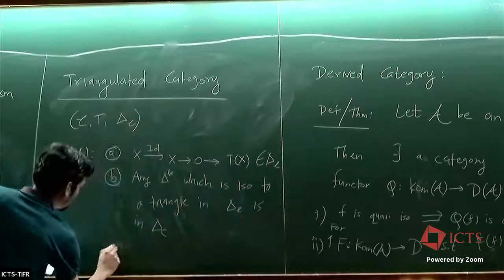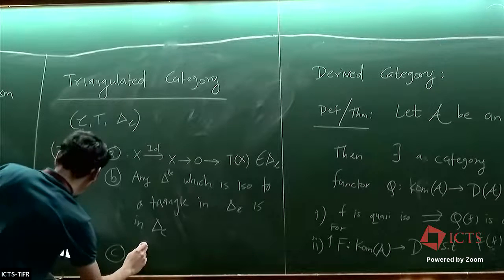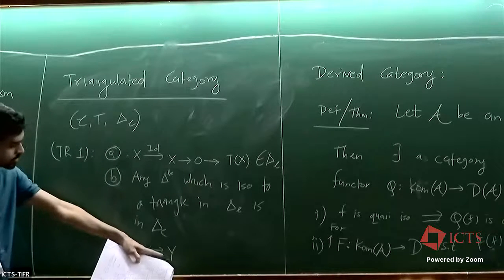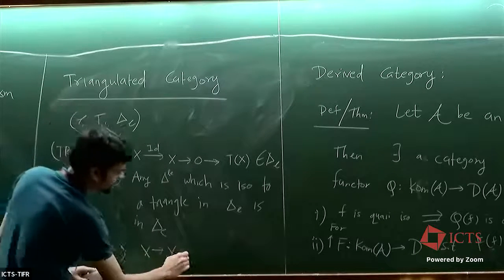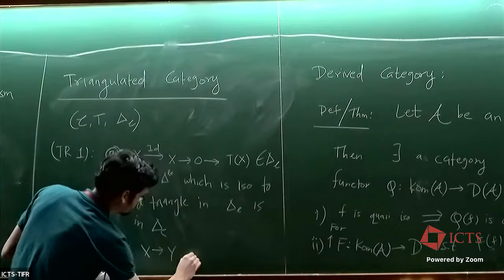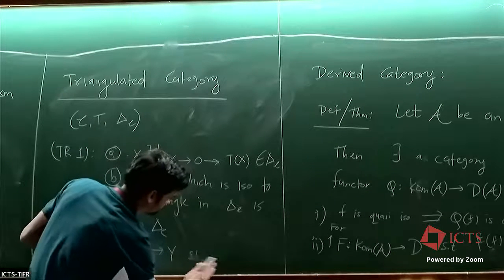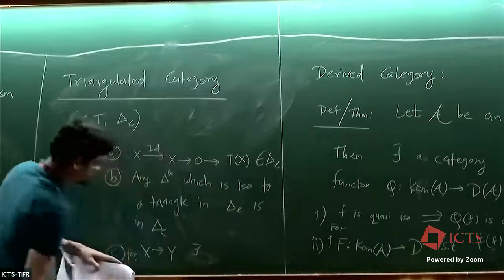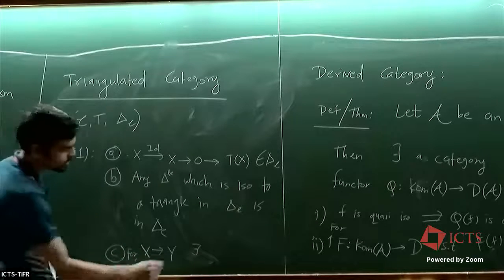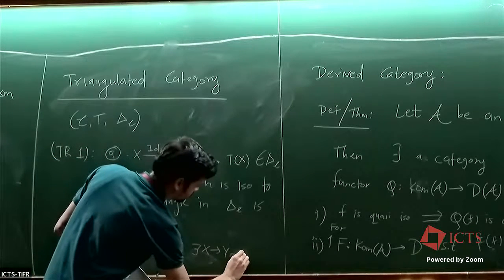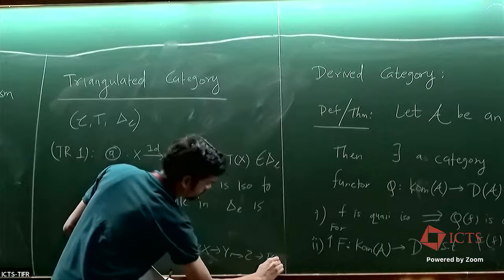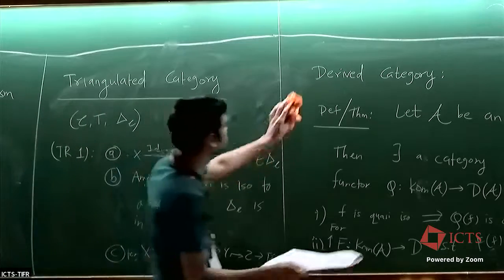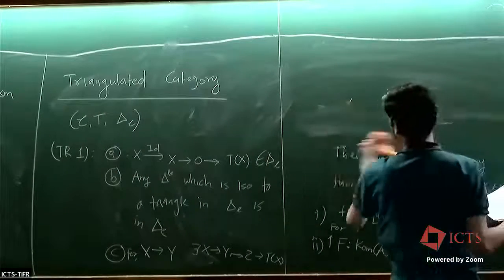And C is that you start with any morphism from X to Y, you should be able to complete this: for a morphism from X to Y, there is a triangle like this. So this is the first axiom.